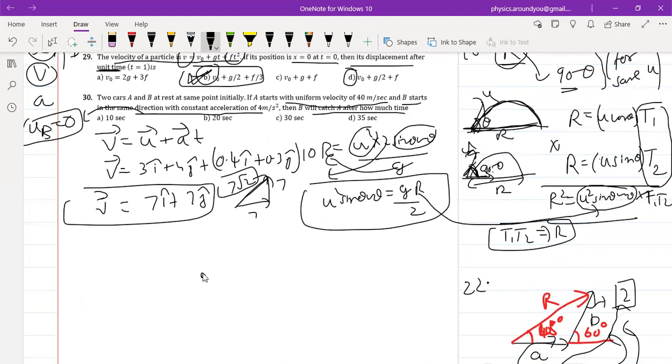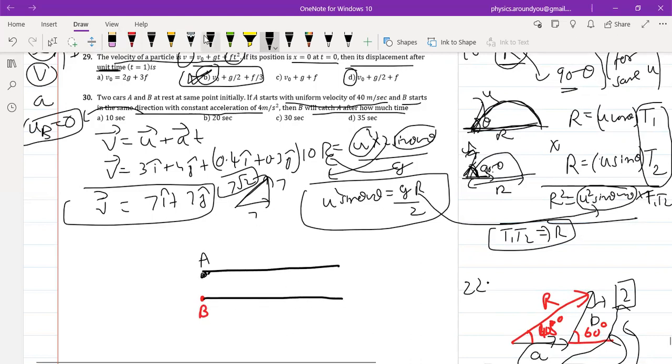So here we are, A, and then let me call this B. They're starting from the same point, all right? They were on the same point, but the only difference is vA is constant with 40, whereas aB is constant with 4, whereas uB is 0. So when and where will they catch, or after when will they catch up to each other is the question.